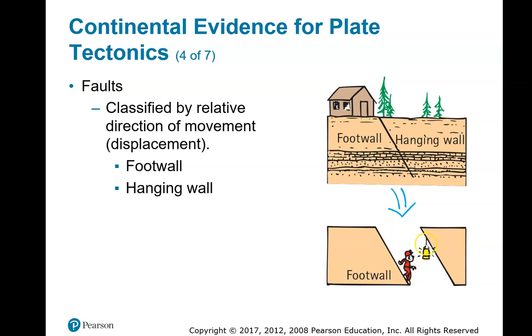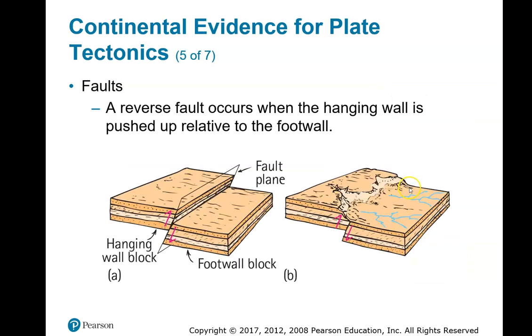What happens to the hanging wall is of great interest. So if the hanging wall rises, here, let's see if they show. Yeah, here we go. Take a look at it and just concentrate on the hanging wall.